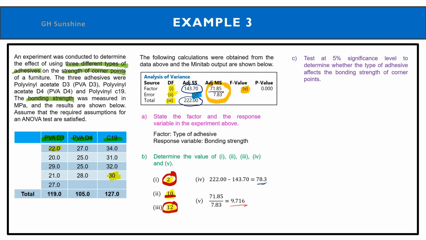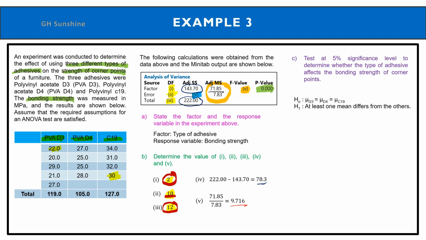So look at the Minitab output. The P value here is 0.000. Therefore, you can use the P value to perform the hypothesis testing.